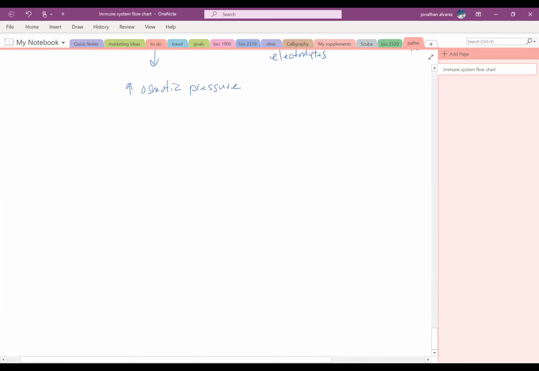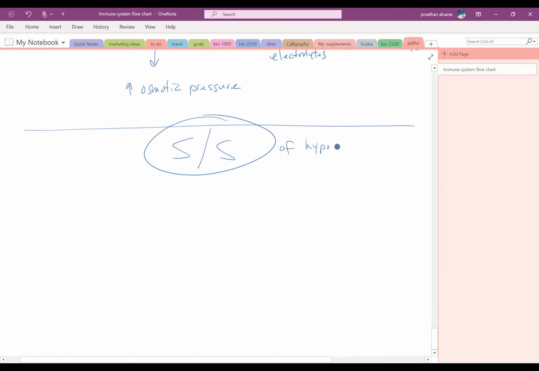All right. Signs and symptoms. Decreased cardiac output. Decreased pulse.